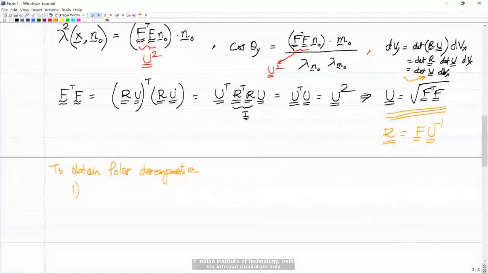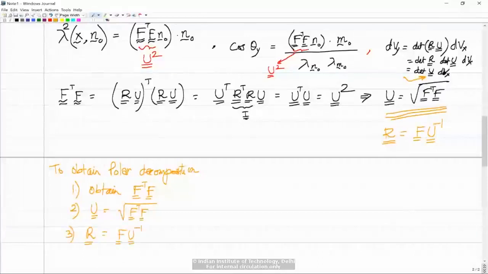Number one, obtain F transpose F, because F will be known to you. Number two, then you say that U is equal to the square root of F transpose F. And number three, finally, this big R is equal to big F into U inverse.